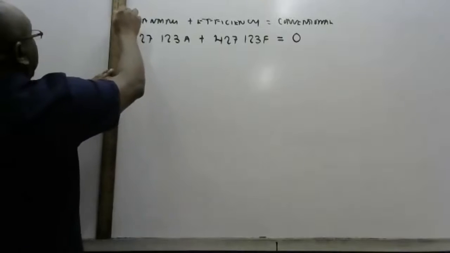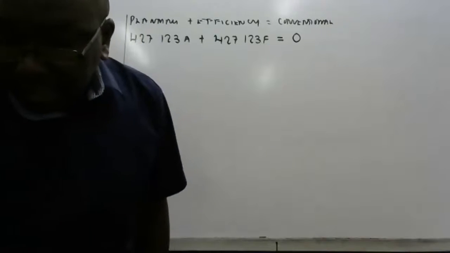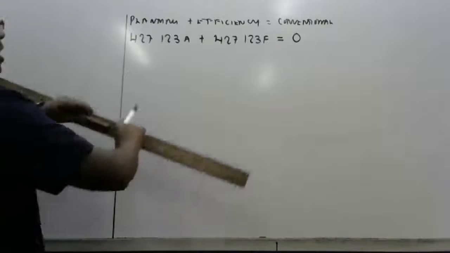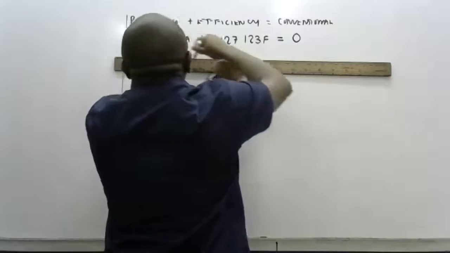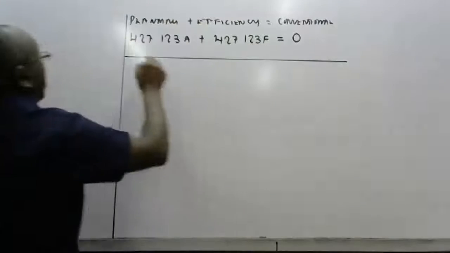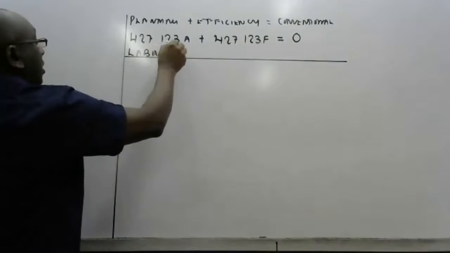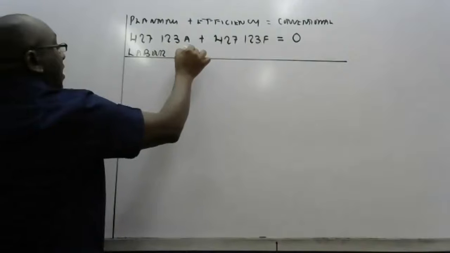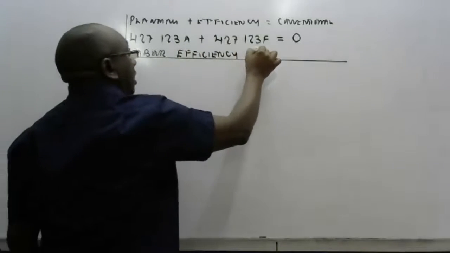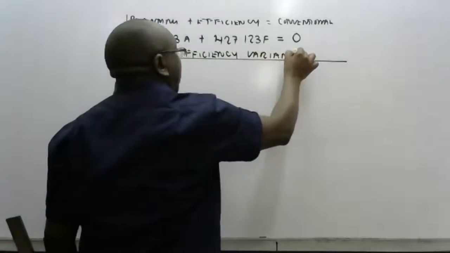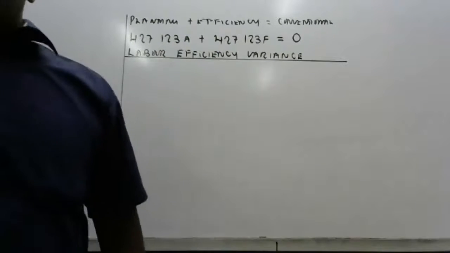The journey continues as we near the end of this question. The last one the examiner wants us to break down is the labor efficiency variance.